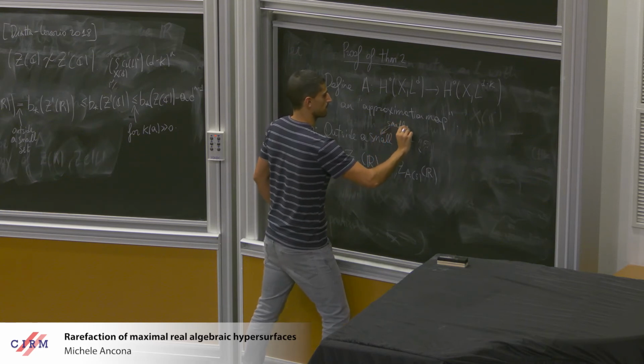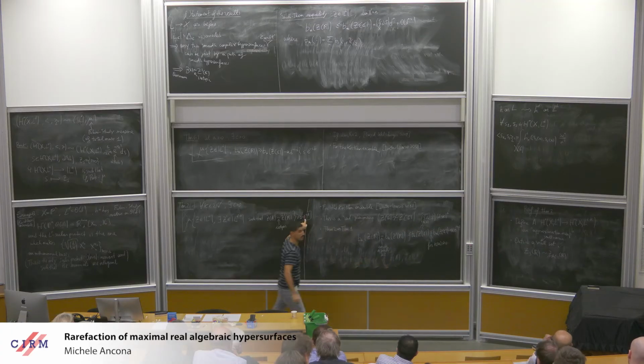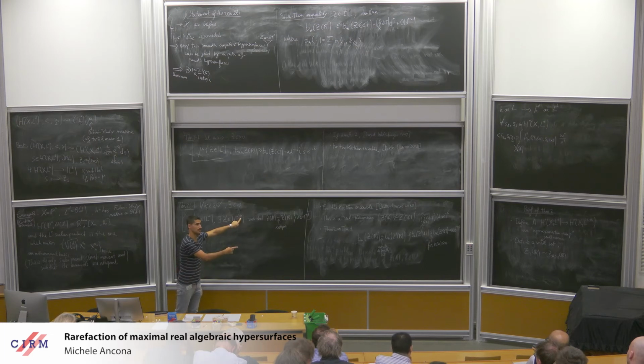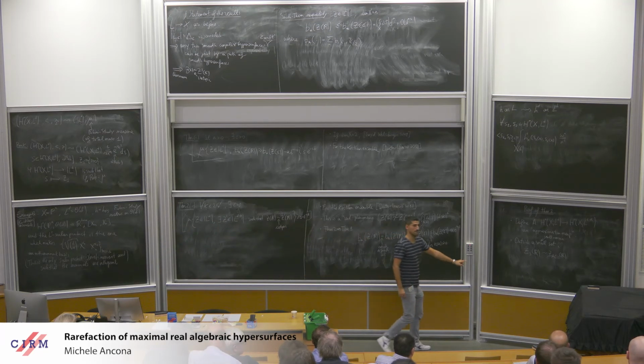So outside an exponentially small set, we can find a degree d minus k hypersurface whose real locus is the same as the real locus of a degree d hypersurface, globally, not outside.